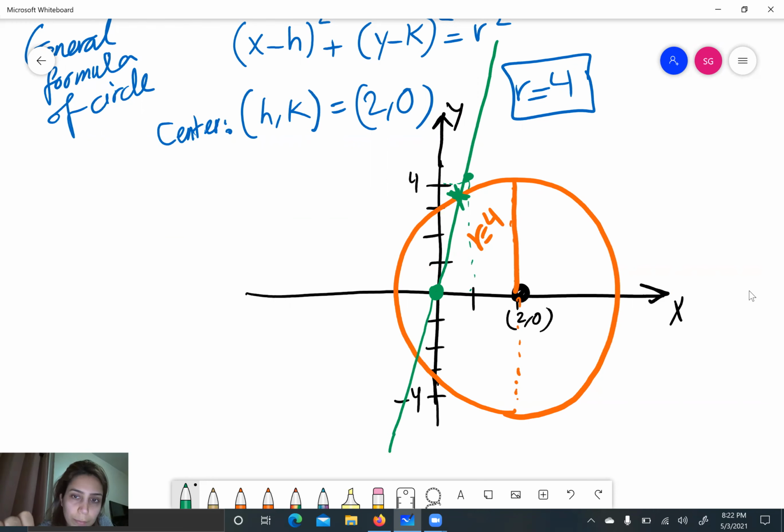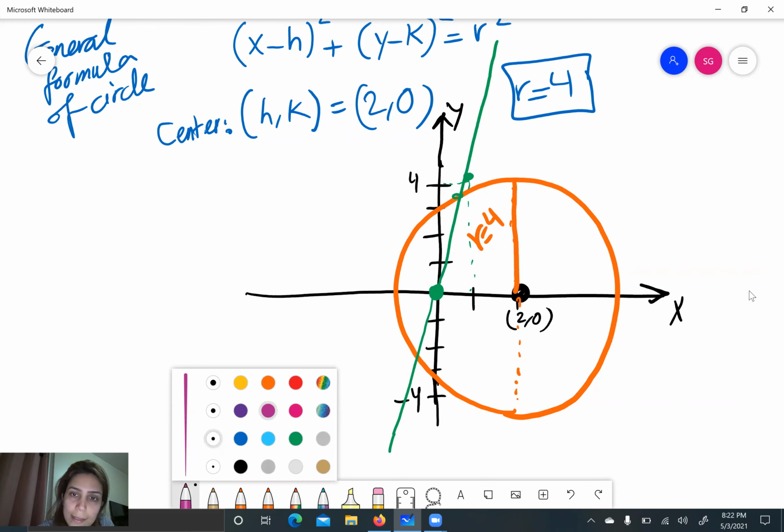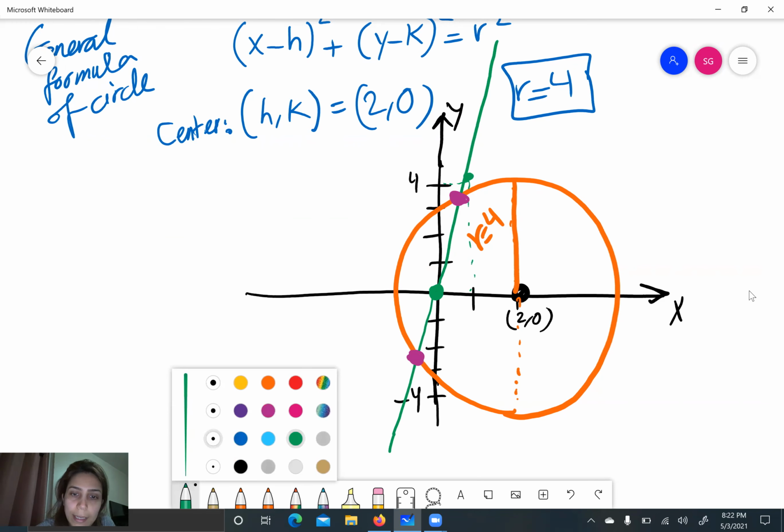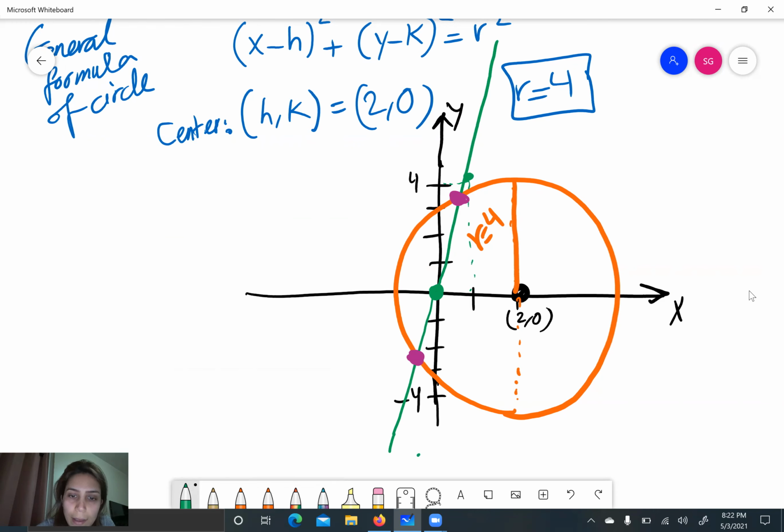One is here. Maybe I'll use another color. The intersection is right here and right here. You see? So the green line has the equation 4x.